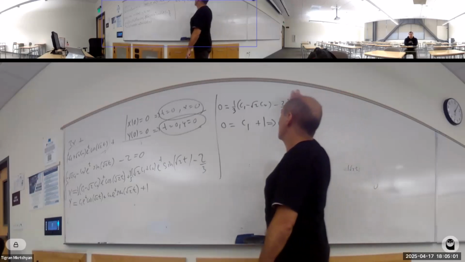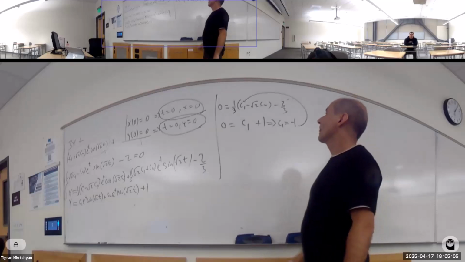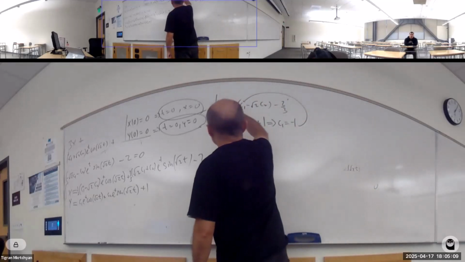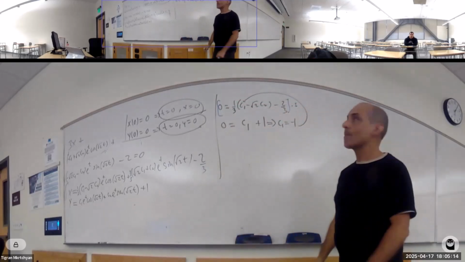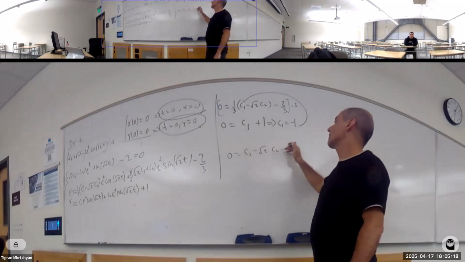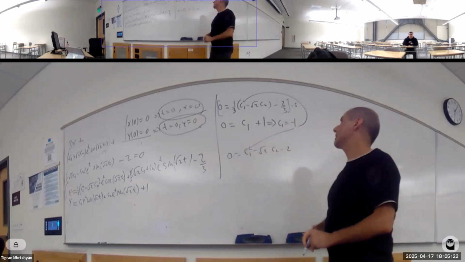And we plug in here to get the C2. Before even doing that, I don't like those 1/3, can I multiply by 3? And then let's plug in what? -1. -1.